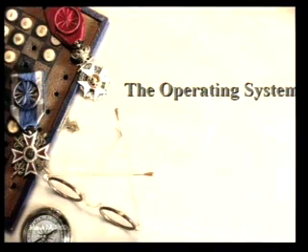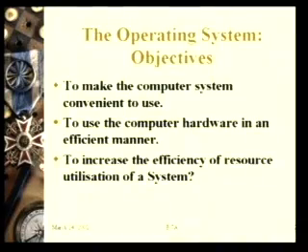Now let us elaborate on one more topic, and that is the operating system. What are the basic objectives for this topic? To make the computer system convenient to use. In fact, these are the objectives of the operating system: to use the computer hardware in an efficient manner and to increase the efficiency of resource utilization of a computer.